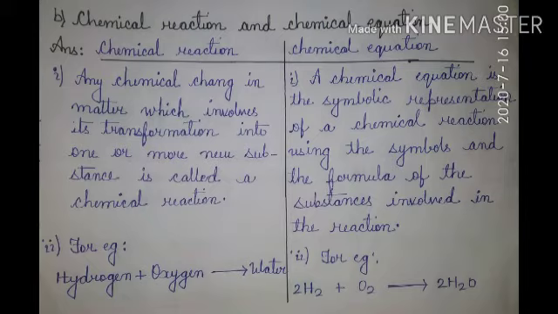A chemical equation is the symbolic representation of a chemical reaction using the symbols and the formulae of the substances involved in the reaction. For example, here we write the symbolic equation of the chemical reaction, that is 2H2 plus O2 gives 2H2O. This is the symbolic representation of the given chemical reaction, that is hydrogen plus oxygen gives water.